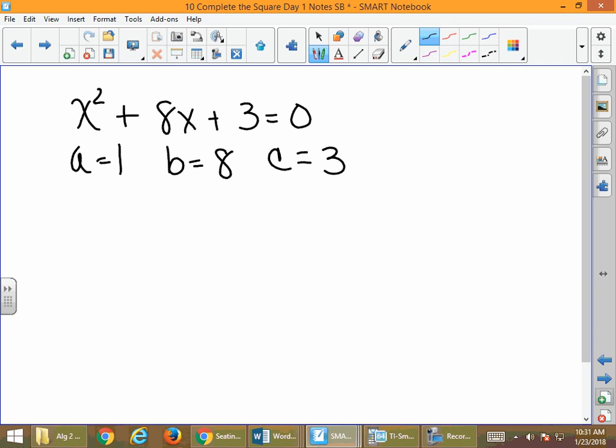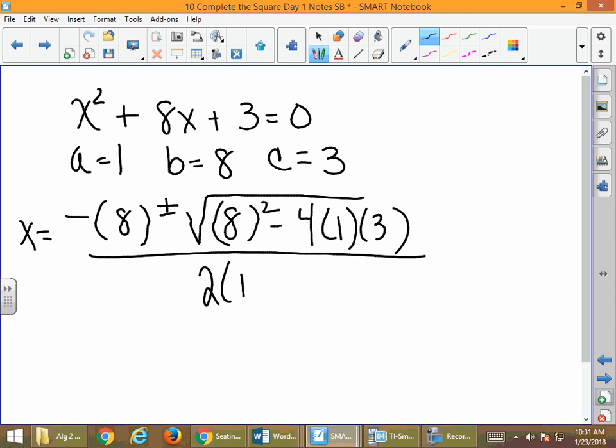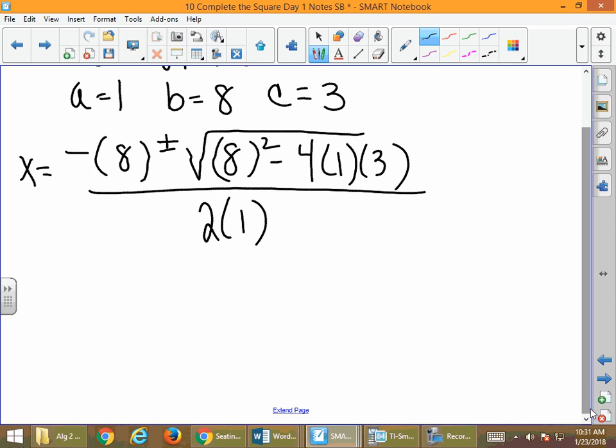When we fill in this quadratic formula, we get x equals the opposite of b, plus or minus the square root of b squared minus 4 times a times c, all divided by 2 times a. And I know I went pretty quickly here. I want to spend my time more on completing the square.